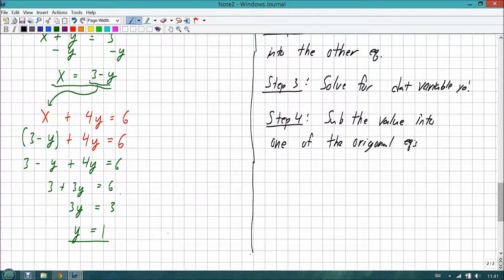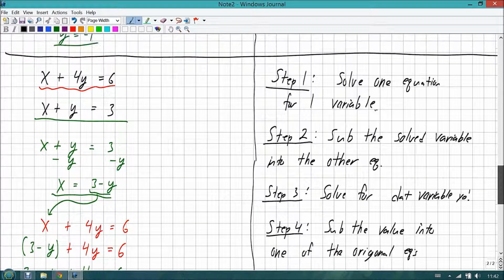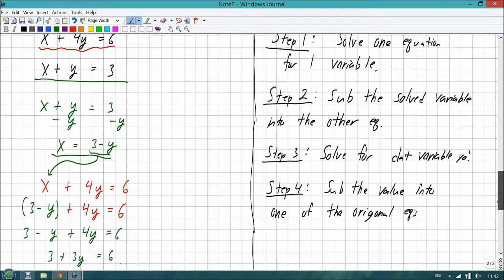So in this particular case, we've got 1. Now we got to scroll up to find our original equations. Our original equations are x plus 4y is equal to 6 and x plus y is equal to 3. Since I've already used the green equation of x plus y is equal to 3, I'm going to go with red this time. I'm going to sub 1 in for y for x plus 4y is equal to 6.